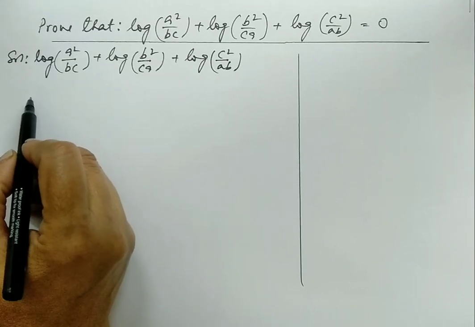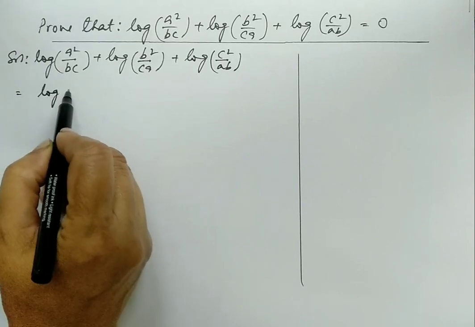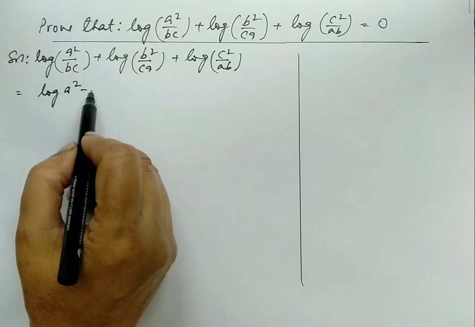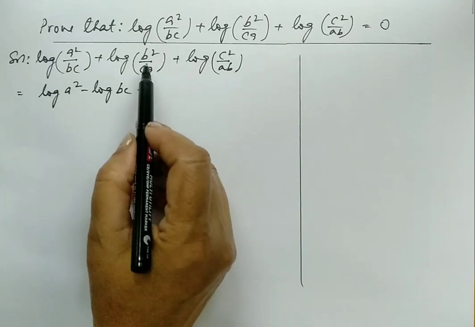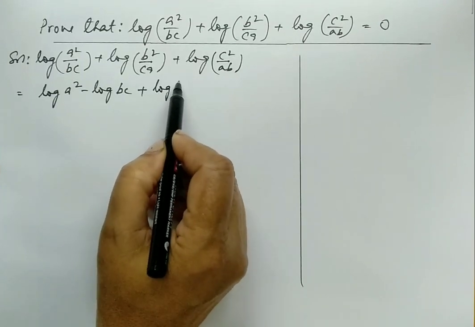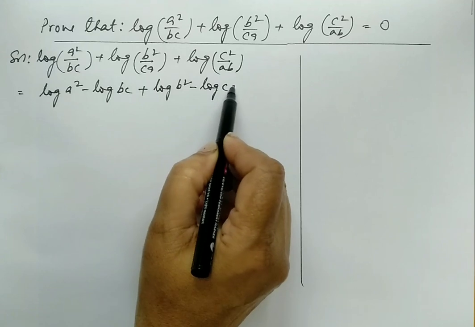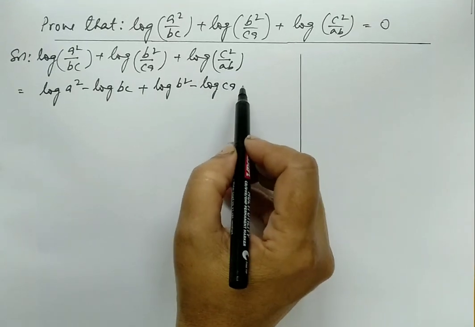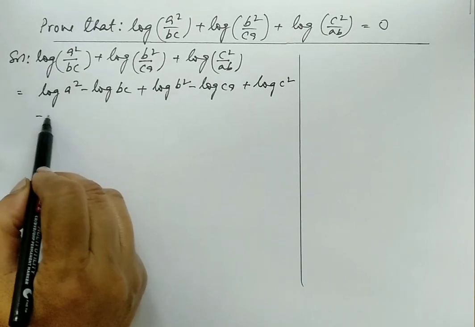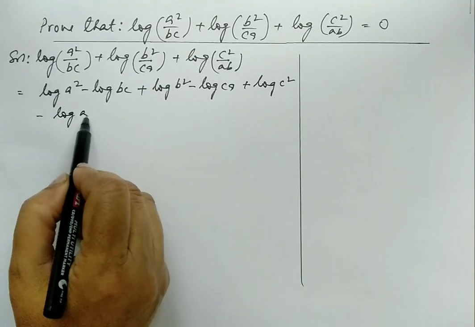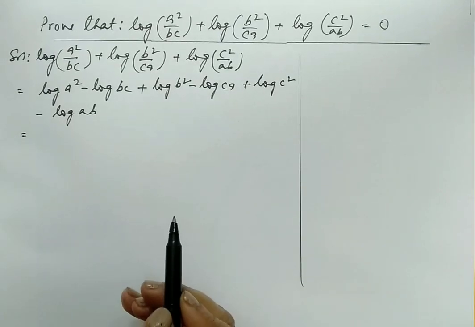So first of all, from here we derive log a square minus log bc, plus log b square minus log ca, then with this log c square minus log ab.